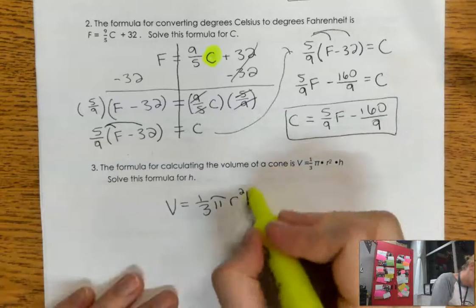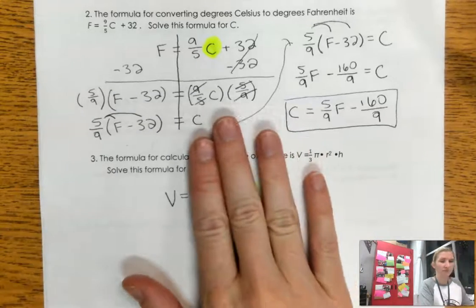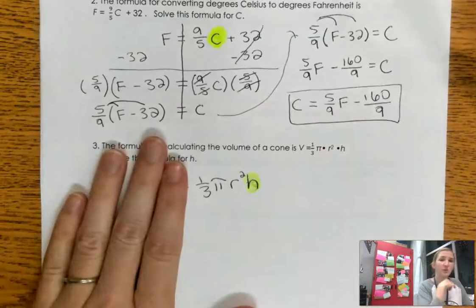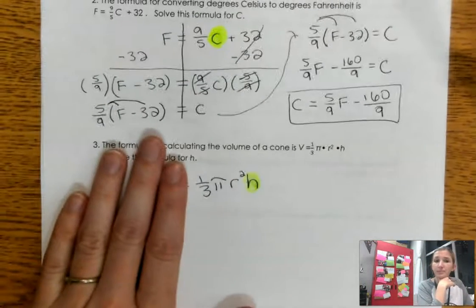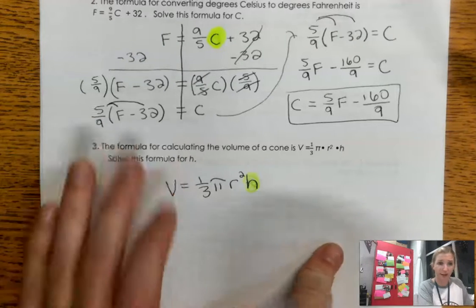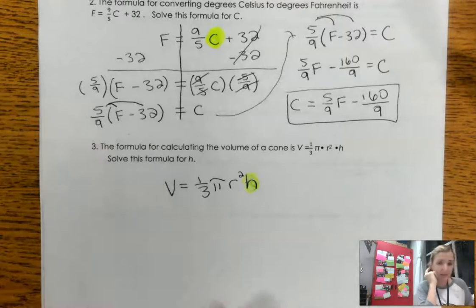So, how many terms do I have on the left-hand side? Just one. How many terms do I have on the right-hand side? Just one. This is all one term because we're multiplying everything. But I have a fraction, and I want to get rid of the fraction before I do anything.